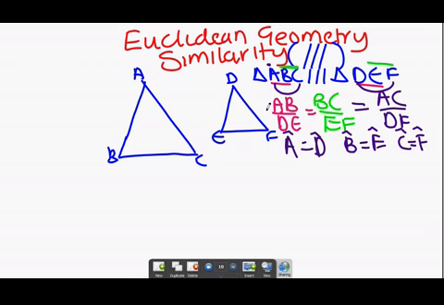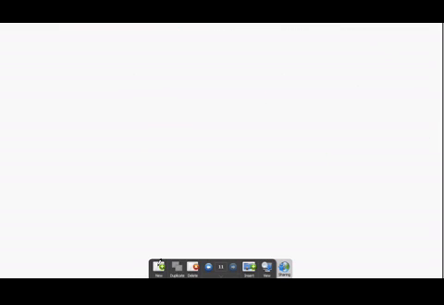In other words, you start with the angles and they want you to prove that the ratios are equal.